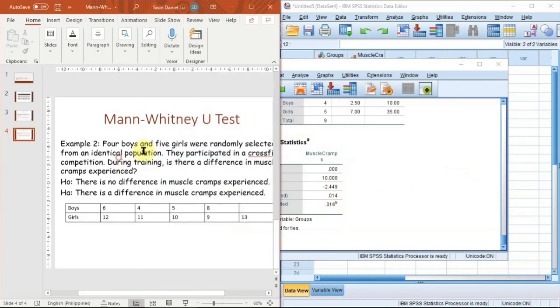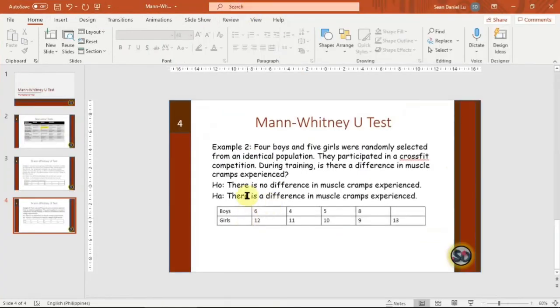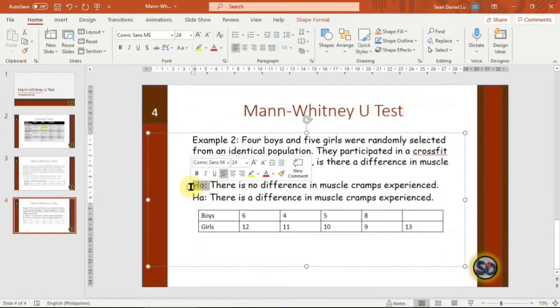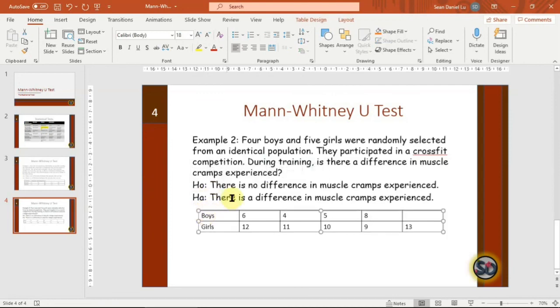Therefore, the decision would be to reject the null hypothesis. The conclusion would be to accept the alternative hypothesis, or the data provided sufficient evidence that there is a difference in muscle cramps experienced from the boys and the girls.